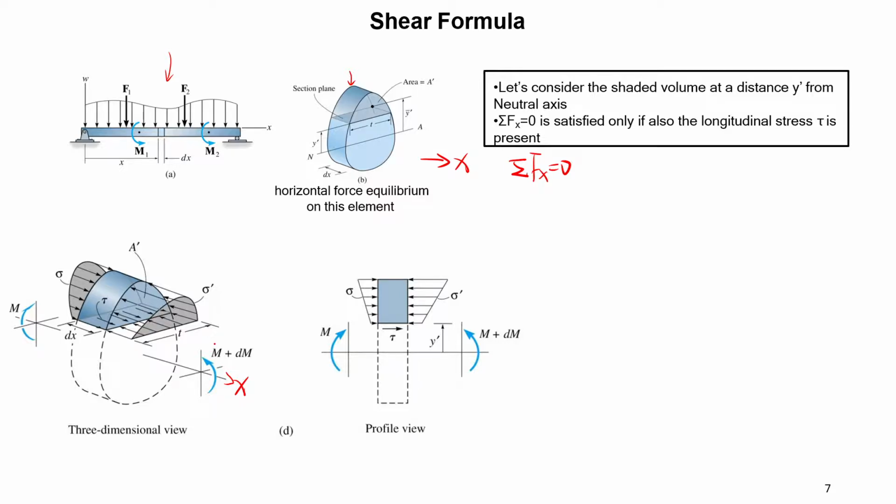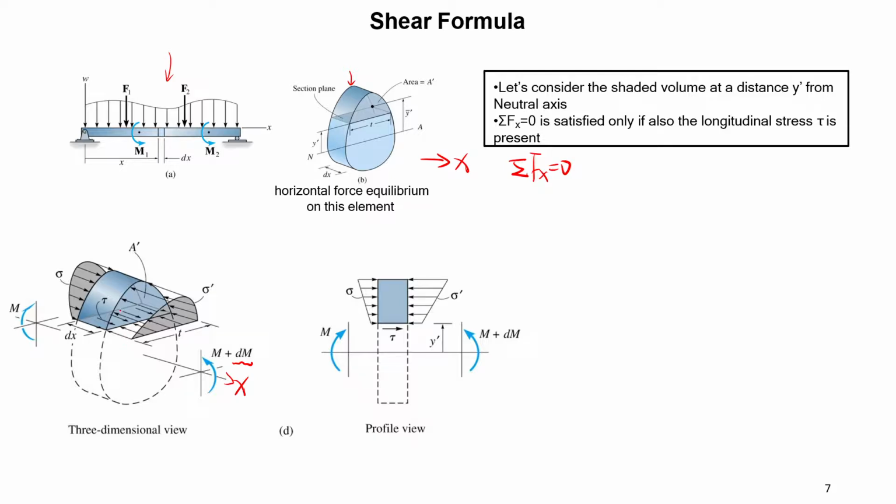Since it's not a pure bending moment, there's other stress generated, for example this shear stress, which has to be considered to achieve force equilibrium. The moment on the left and on the right has a slightly different increment, M plus dM, just to compensate for the shear stress generated during the loading.